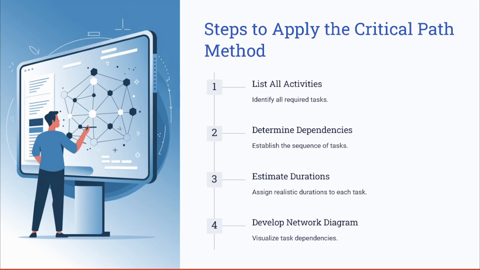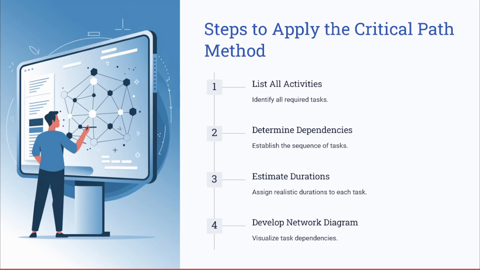So the second step is to determine the dependencies between all of these activities. Next, you need to estimate the duration. If you recall, when we planned our schedule management, we estimated the durations by aggregating all of the project activities or tasks with their estimated times.